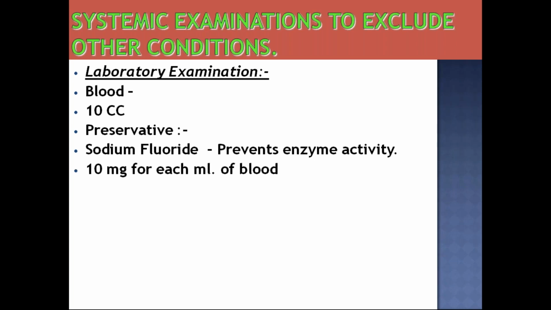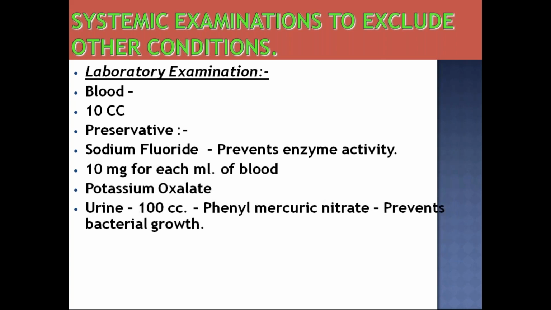So we will collect a blood sample, about 10 cc, and then we have two preservatives. One is sodium fluoride and the other is potassium oxalate. Sodium fluoride prevents enzyme activity of the blood, and potassium oxalate is also a preservative, which is used to detect alcohol in the blood.